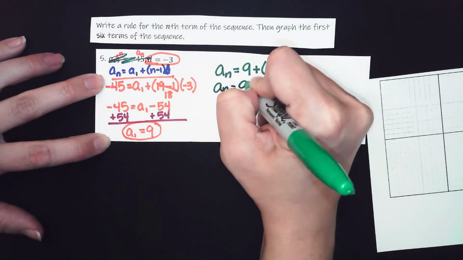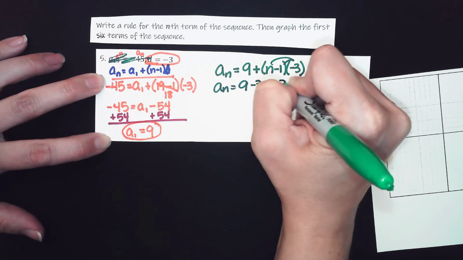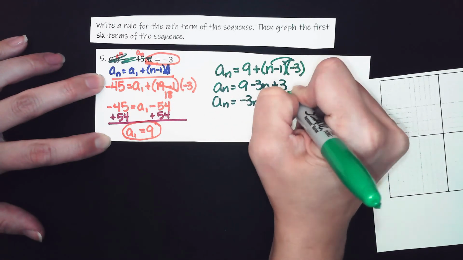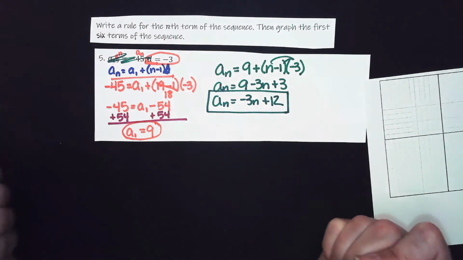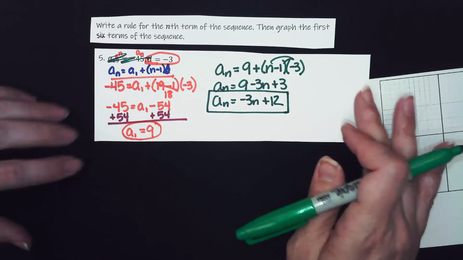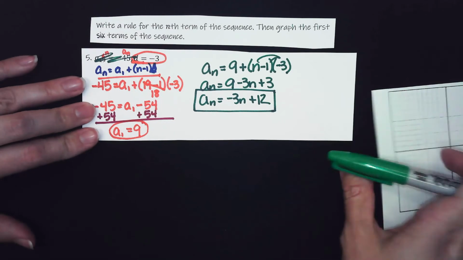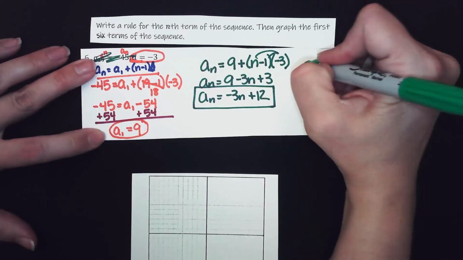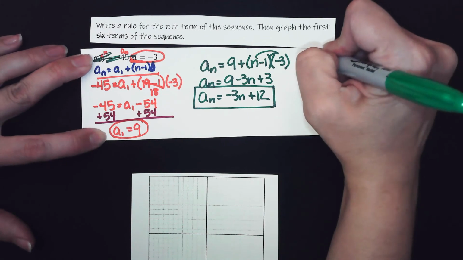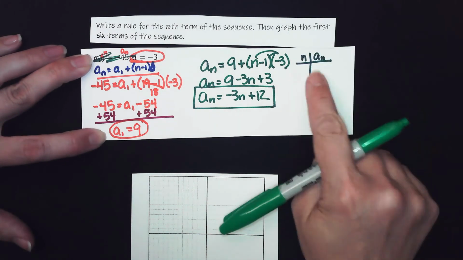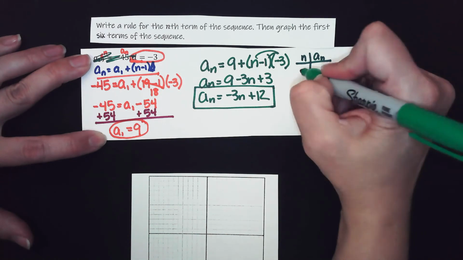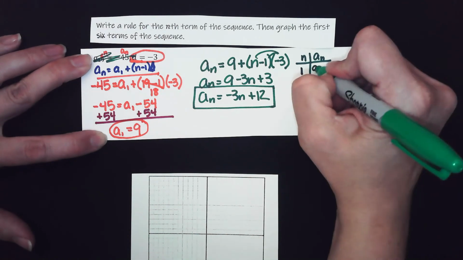Now distribute your -3. AN equals 9 minus 3N plus 3. So AN equals -3N plus 12. There's my rule. Then it wants me to graph the first 6 terms. To do this, I find it easiest to find those first 6 terms. If I draw a table, N being the X values, AN being the Y values, we already know the first term is 9.